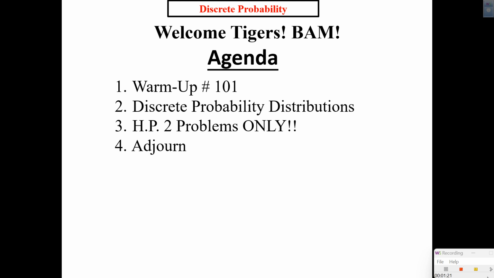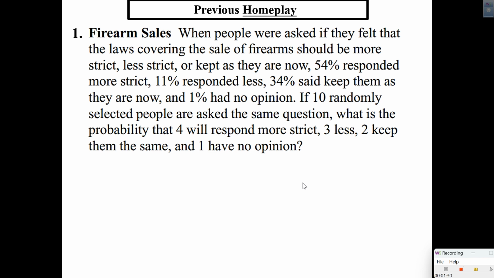And get a Cornell note ready, please. Also, if you haven't turned in last night's home play on the practice that we did yesterday, do that, please.